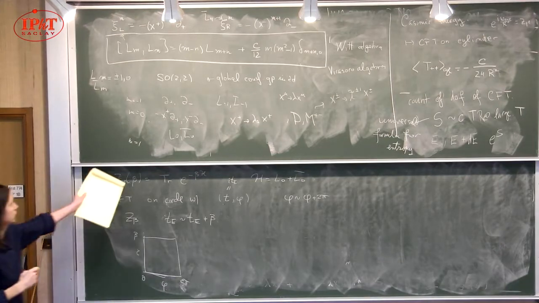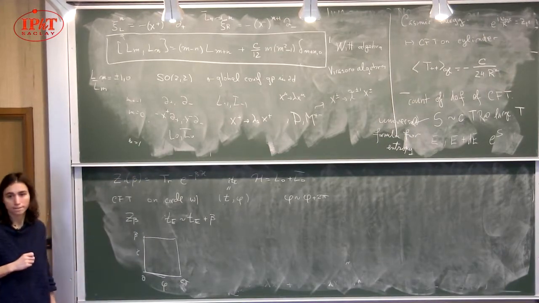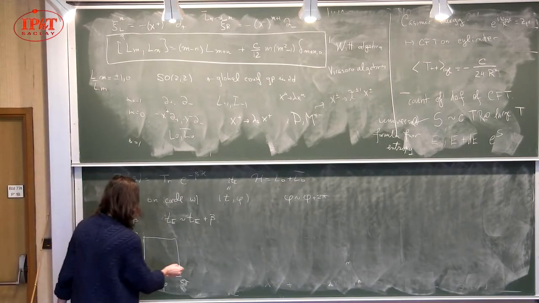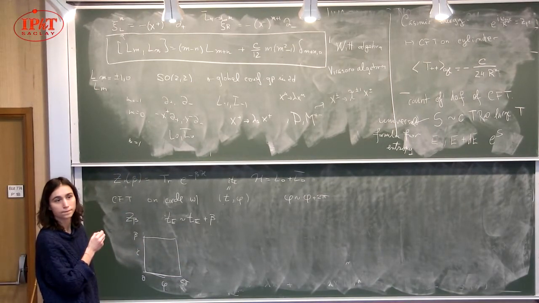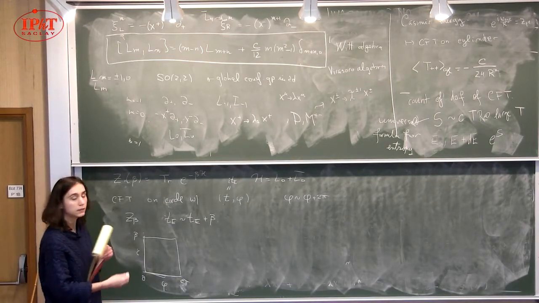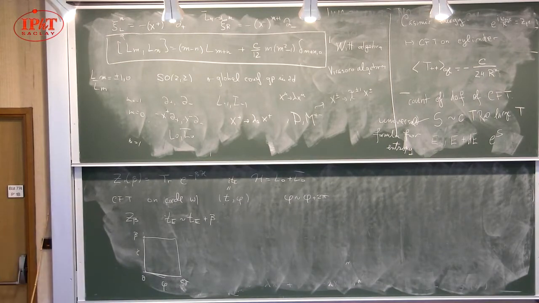It's because of the trace. The trace is taken over all the states in the theory. And how is it directly related to the periodicity of time?